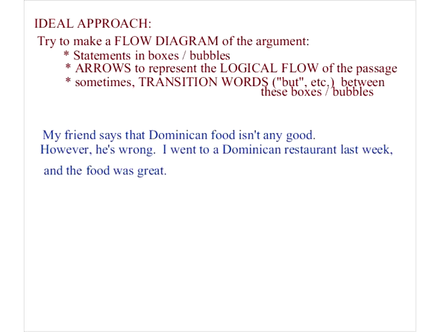So if you were diagramming this sort of passage, and if you can do this mentally, then that's great, although if the passage is long and convoluted, you may want to try to do it on paper. So here's the three statements. One statement is, friend, Dominican food is no good.